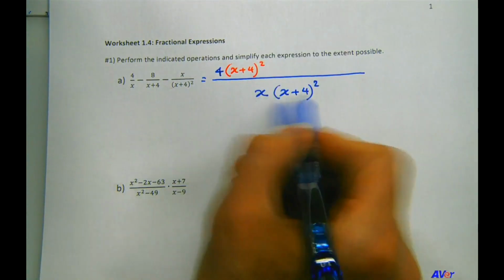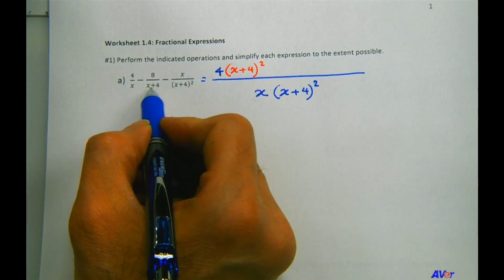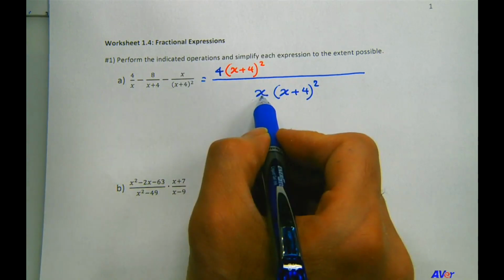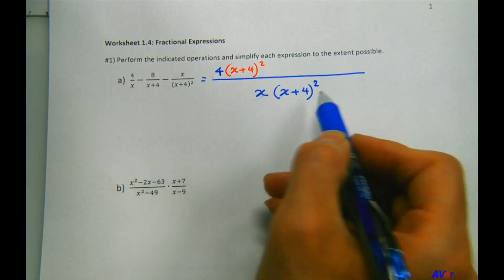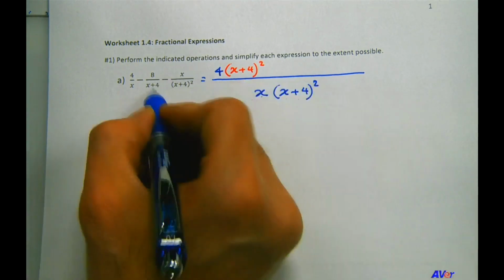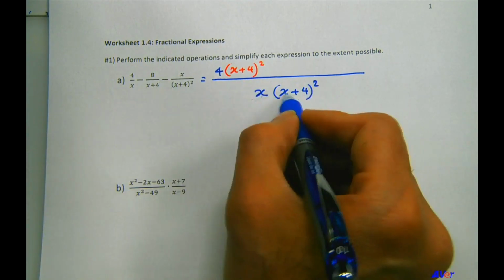Now compare this common denominator with this x plus 4. What is missing from it? Well, what is missing from it is x times (x plus 4), because this is x plus 4 to the first power and the common denominator has x plus 4 to the second power. So one power of x plus 4 is missing from this.